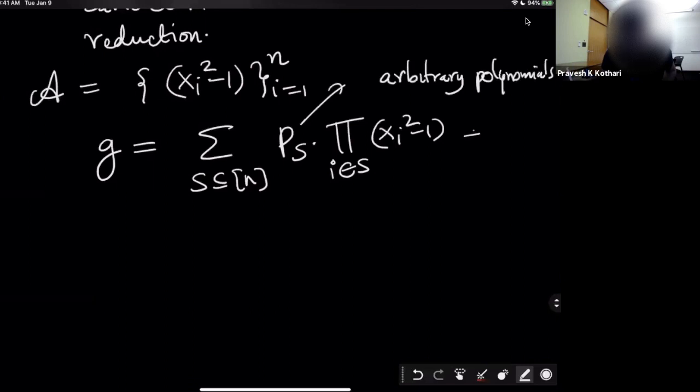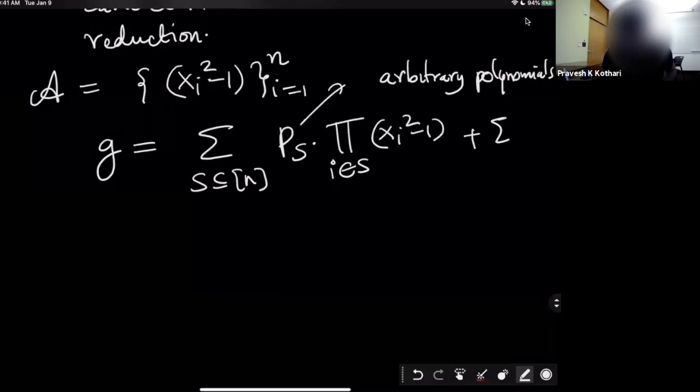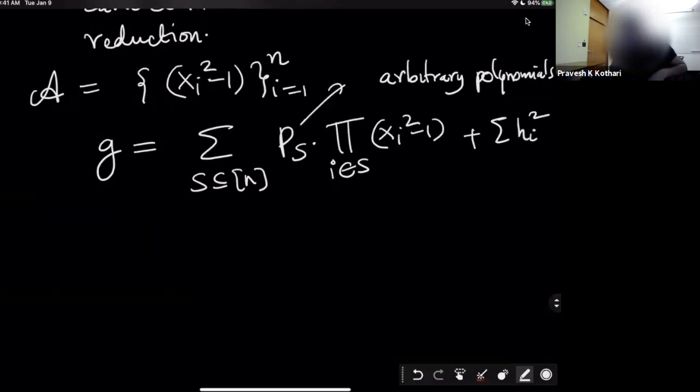Because this will be 0 over the hypercube, the product. Yes, that's one way to think about it. But we defined SOS proofs only for inequality constraints. And so one other way to think about it, in the context of the definition we just made, is that every polynomial can be written as a difference of two SOS polynomials.